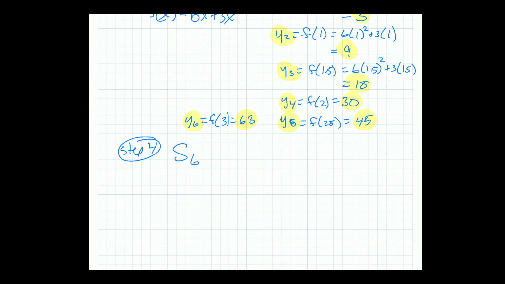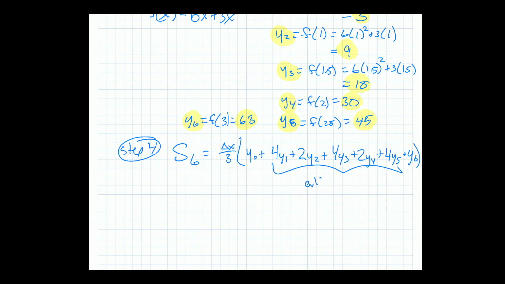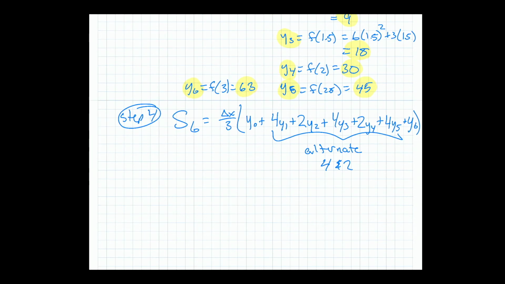Simpson's rule with 6 is going to be delta x over 3, and then it's Y0, and then this is where you start alternating: 4y1, 2y2, 4y3, 2y4, 4y5, and then y6. So the middle ones alternate 4 and 2, but the first one and the last one are 1s.